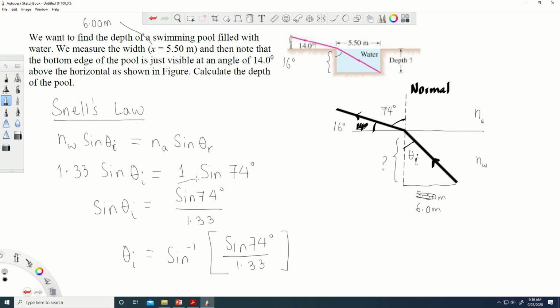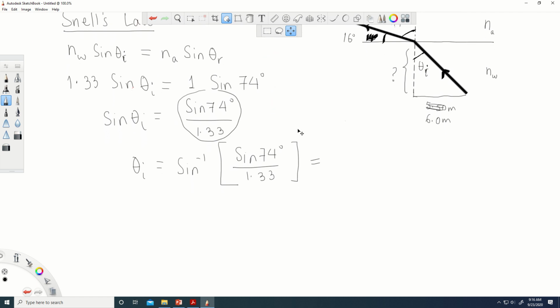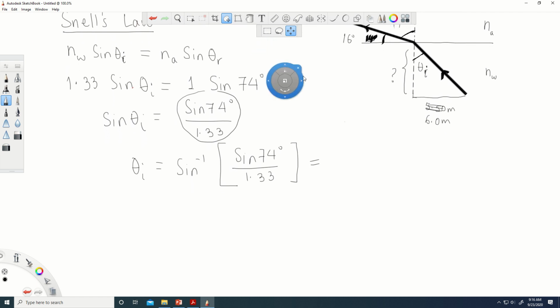You can find this quantity first and then take the sine inverse of that and see what you get. So tell me a number once you get the answer. Do I have an answer for that? About 46.3. Okay, 46.3 degrees.